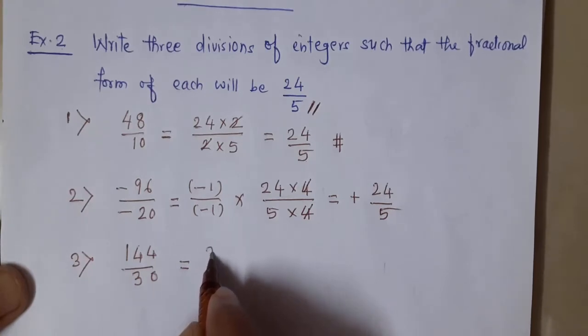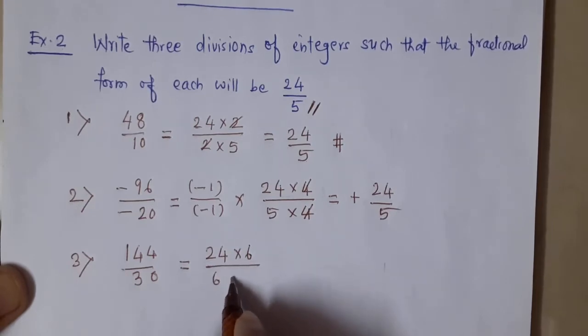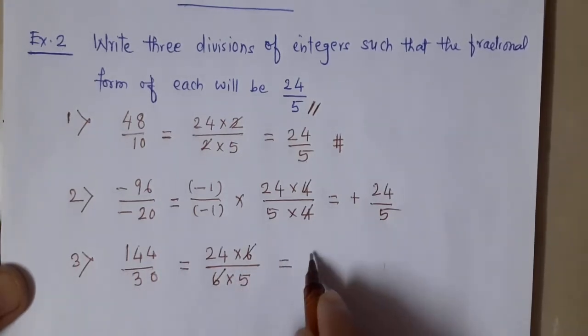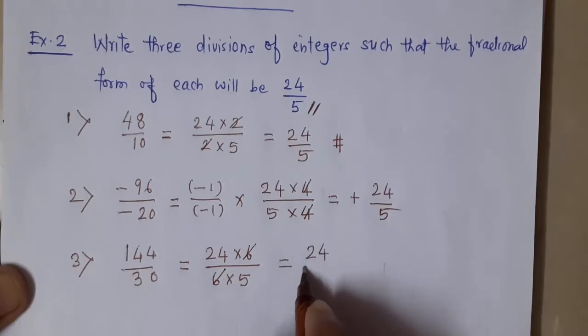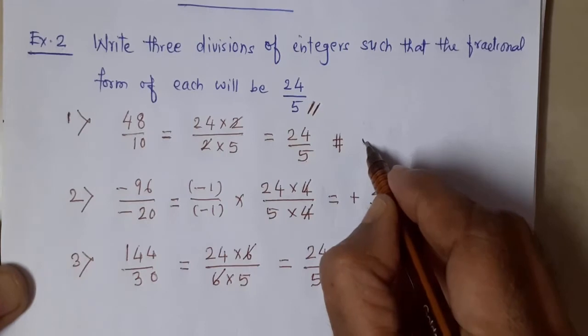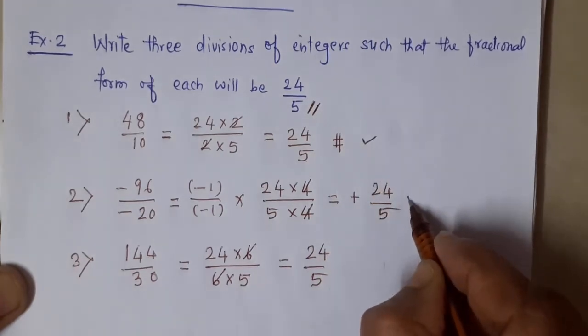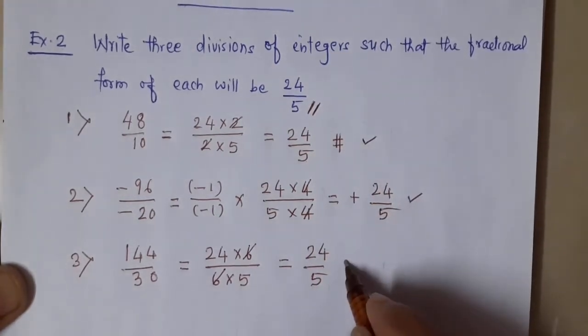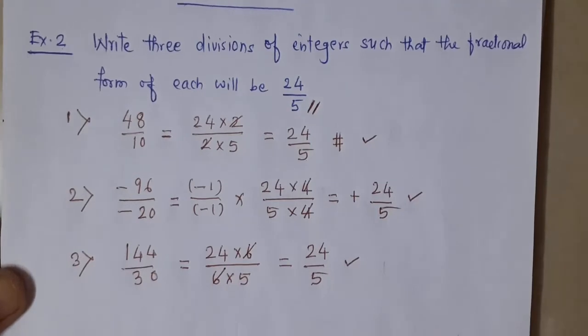That is 24 by 6, and I can simplify 30 as 6 by 5. Common is 6, 6. That's why the answer is 24 by 5. So in all these cases, this fraction is 24 by 5.